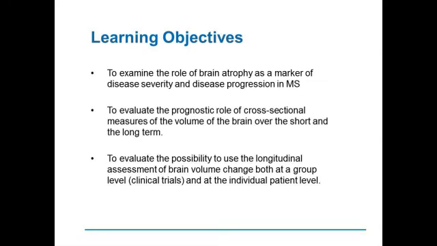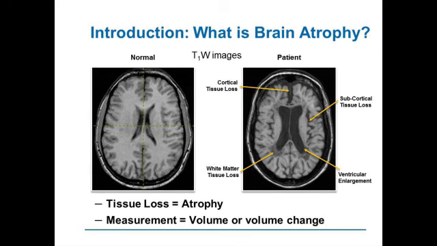So let's start with a brief introduction about what brain atrophy is. In this slide, we clearly see the difference between an MRI scan of a normal subject and of an MS patient. The brain of the MS patient is clearly reduced as compared to the normal one. So when we talk about brain atrophy, we mean a tissue loss.